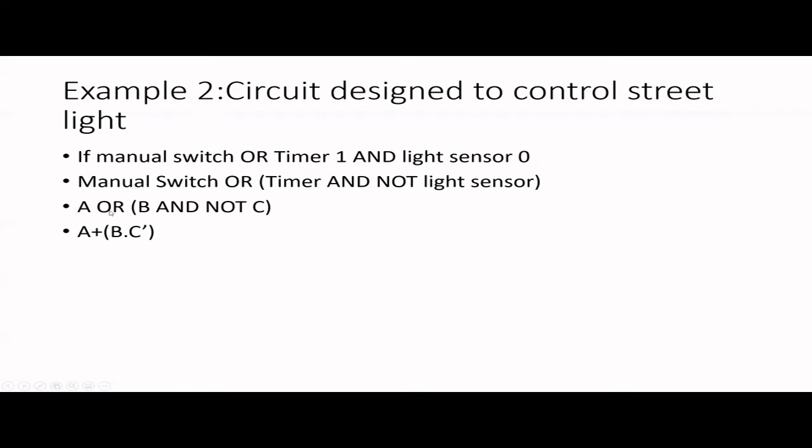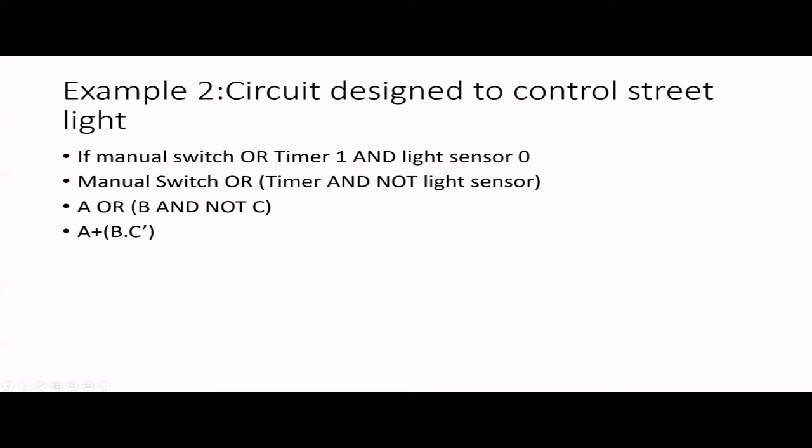So A OR, in this scenario, B should be there. That means the timer should be 6 p.m. to 6 a.m., and NOT C, because the light sensor has the NOT scenario. So that means A plus, or the OR actually, this is A OR. This is B, but for C, it should be negation for the AND operation.